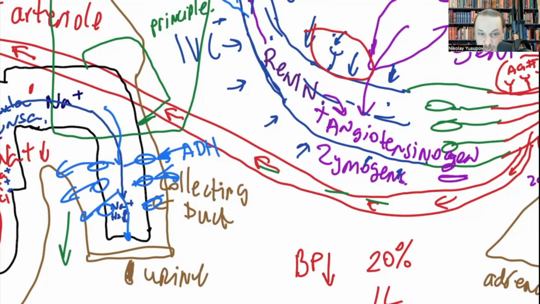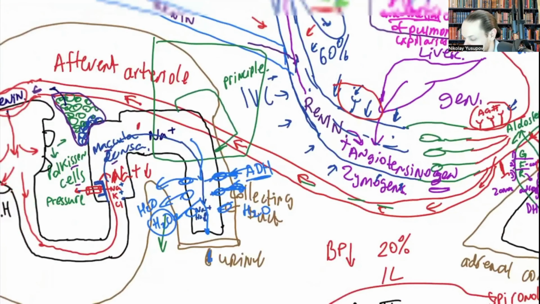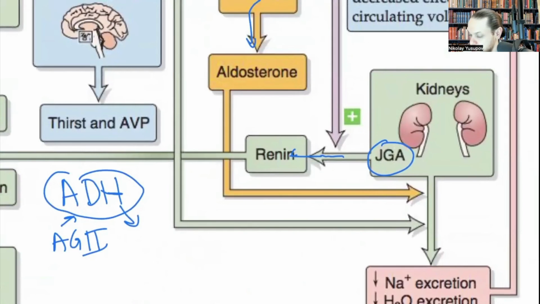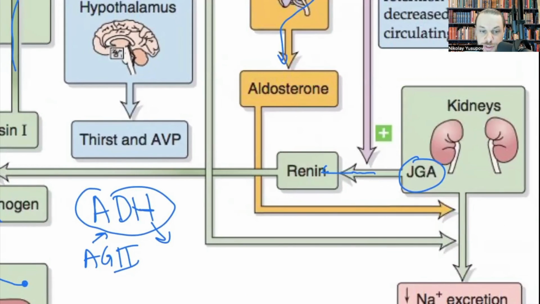That's why it's called antidiuretic. Less fluid is coming out. So ADH causes these aquaporins to reabsorb H2O into the interstitium. Urine becomes more concentrated under the influence of ADH, which is secreted by the posterior pituitary gland under the influence of angiotensin 2.